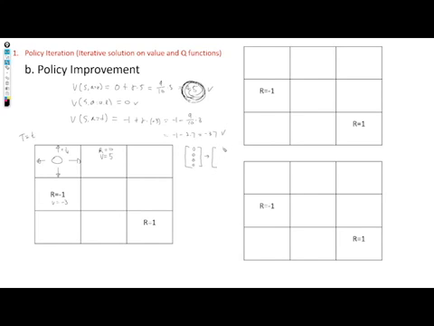So the next probability will be 0, 0, 0, 1, because moving right is our fourth element. So the probability of moving right is 1, so your agent will always choose to move right in this case.